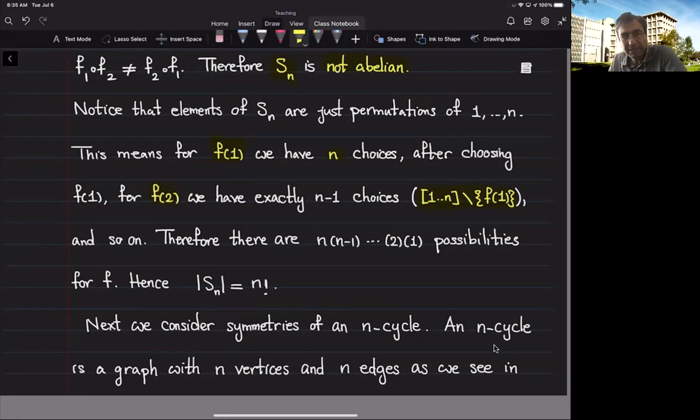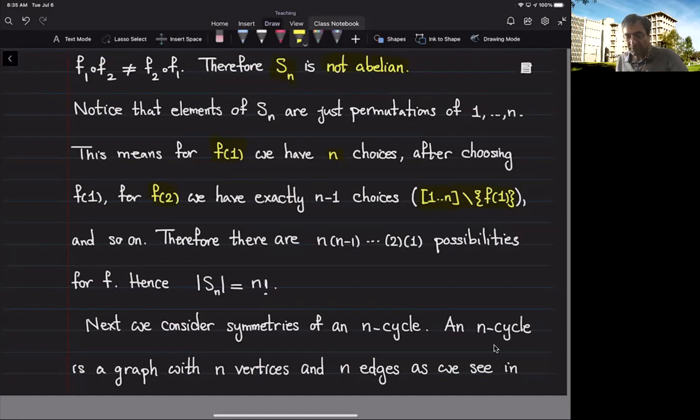Then f of 3 can be anything from the numbers 1 to n except f of 1 and f of 2. So there would be n minus 2 possibilities for f of 3. And then I continue like this, and finally for f of n, I would have only one choice because n minus 1 of the numbers from 1 to n have been already taken.